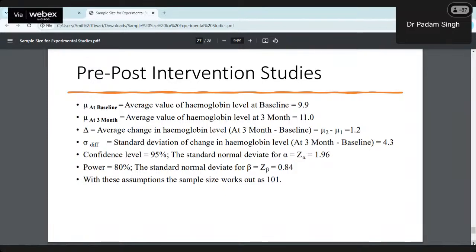इसी तरह से ही जो comparative studies होती है, जो RCTs होती है, many times in these RCTs the parameter of interest is average. And one example, I don't know, this is not included here.